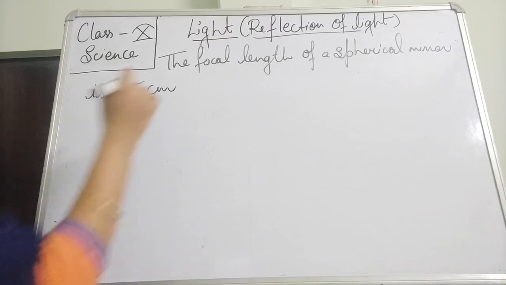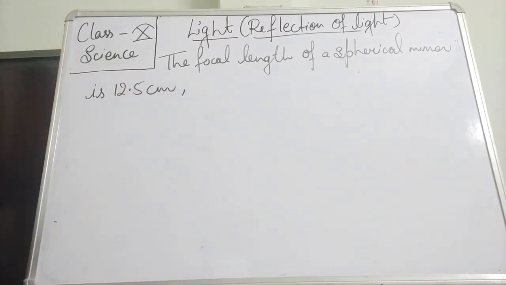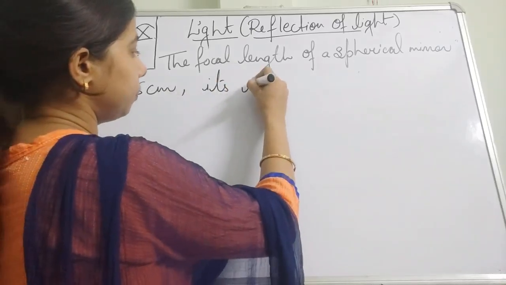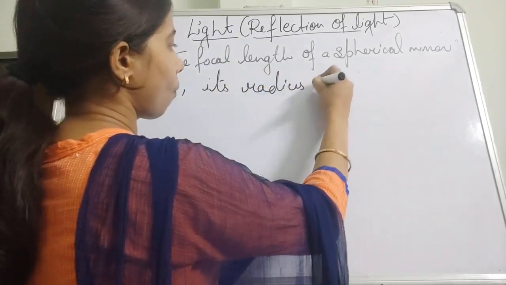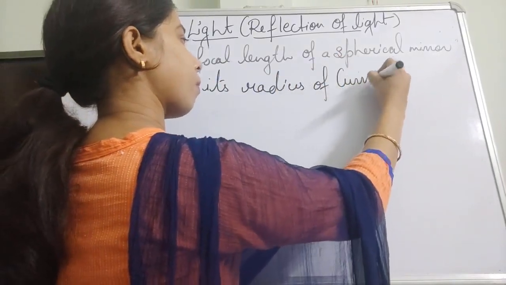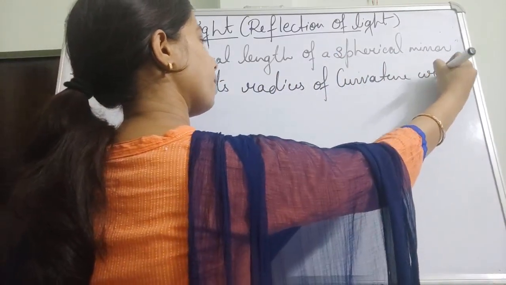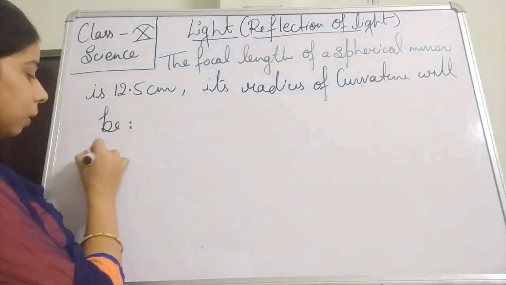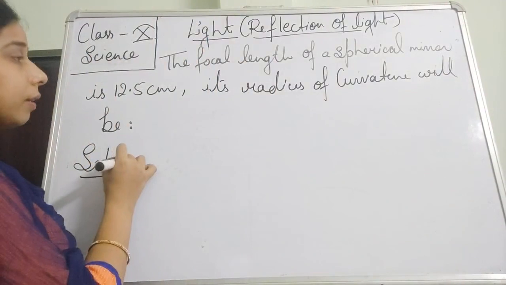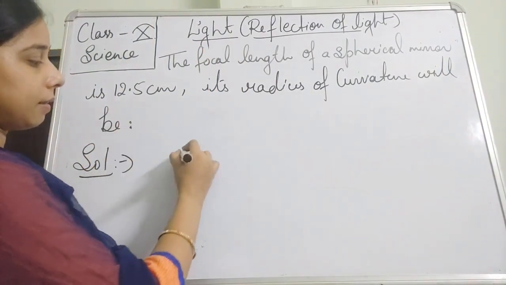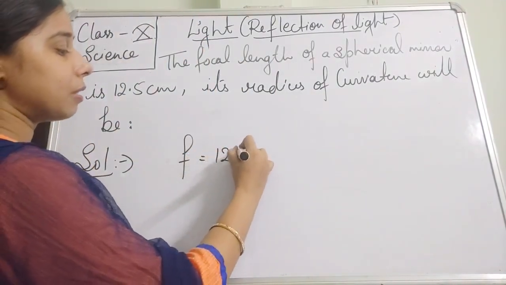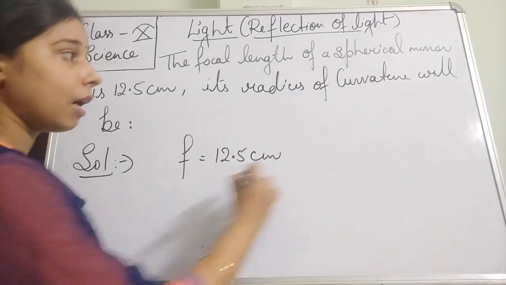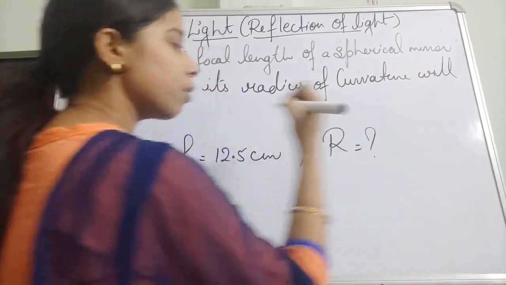So in this question, students, what is given? Focal length is given, so small f is 12.5 centimeter. What we have to find is the radius of curvature.